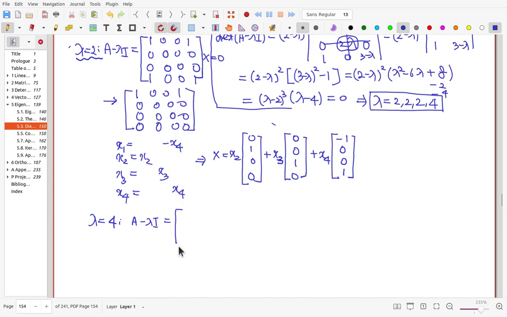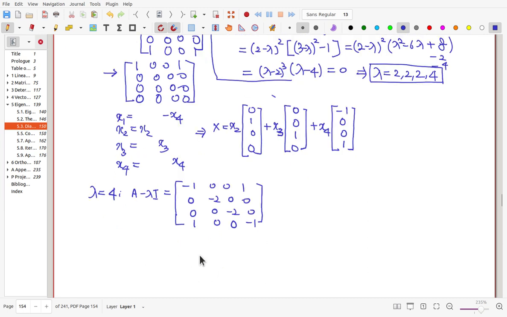This position is 3, so that becomes minus 1, 0, 0, 1. This is 2, so 0, minus 2, 0, 0. This position is 2, so 0, 0, minus 2, 0. And 1, 0, 0, and originally 3 minus 4 is minus 1.